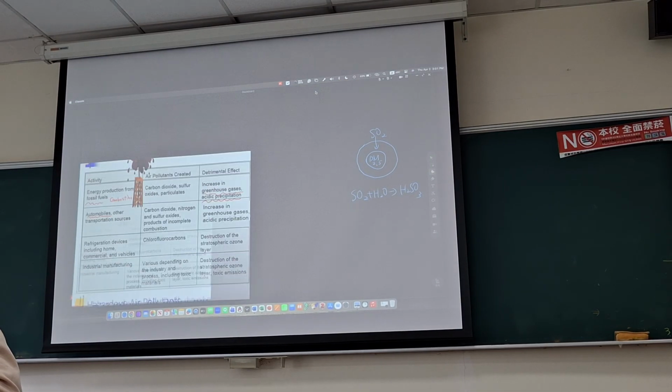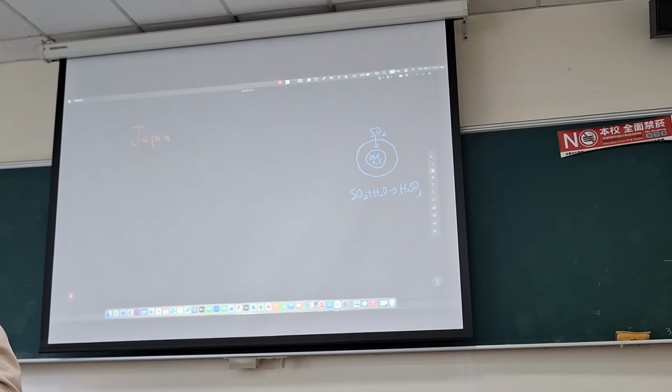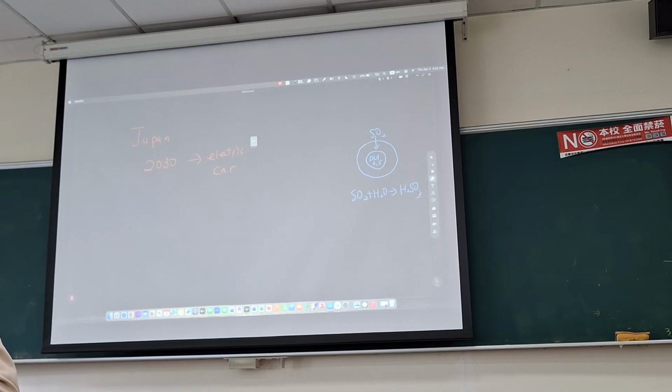Okay, just to give you an idea. In Japan, the Japanese government has new rules: by the year 2030, no fossil fuel car will be sold, only electric cars. The Taiwanese government wanted to do the same thing as Japan in 2030, but now they have deferred it by 5 years.